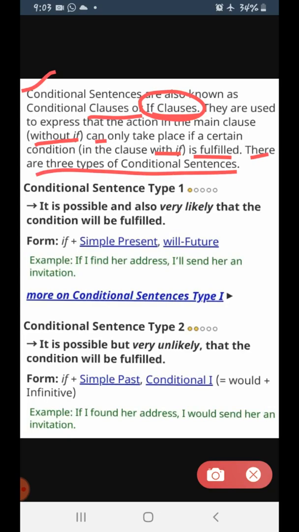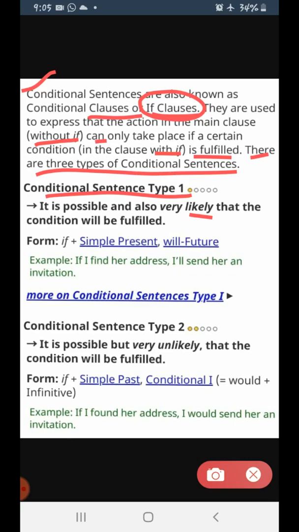Now conditional sentence type number 1. What is conditional sentence type 1?